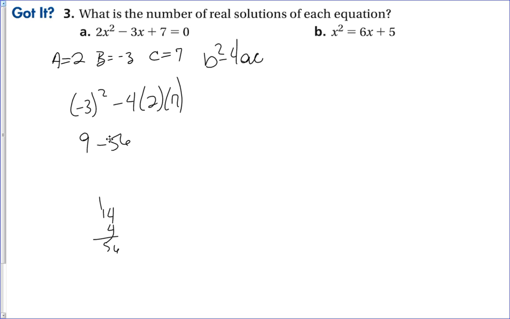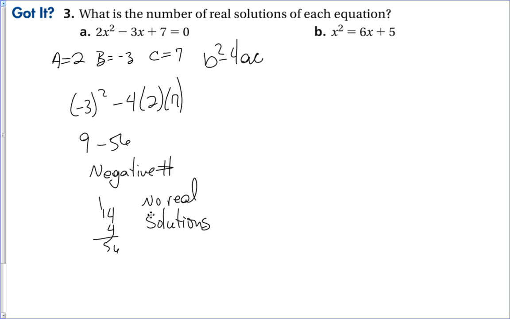So 9 minus 56, we know that it's going to give us a negative number. Therefore, this problem has no real solutions, which means the graph of 2x squared minus 3x plus 7 never actually crosses the x-axis.